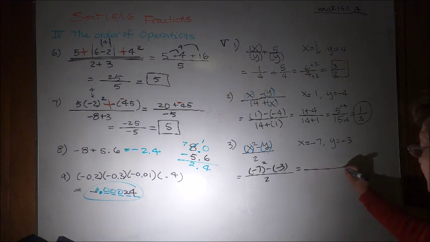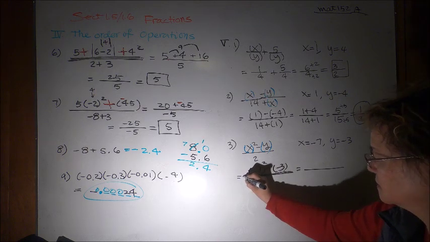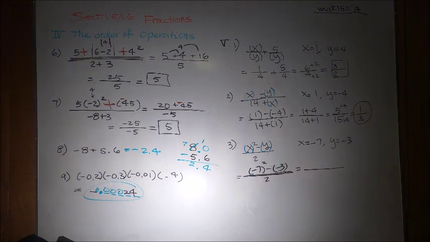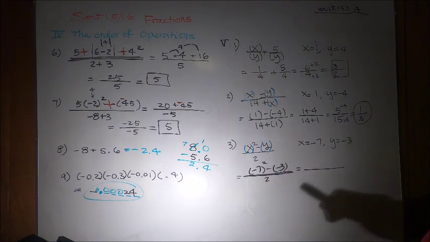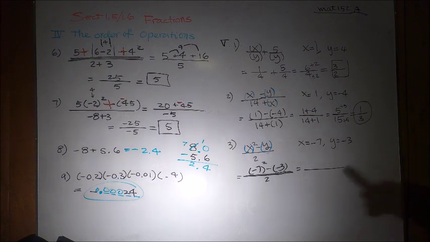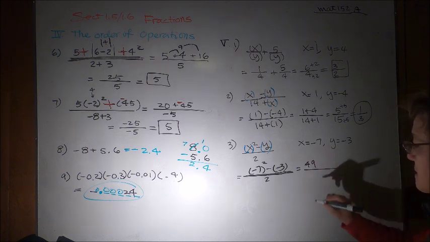Then what do we do? So this is a fraction symbol. Split top and bottom, and you do it separately. So -7 squared, -7 times -7 is positive or negative? Negative times negative is positive. So it's 49, right?